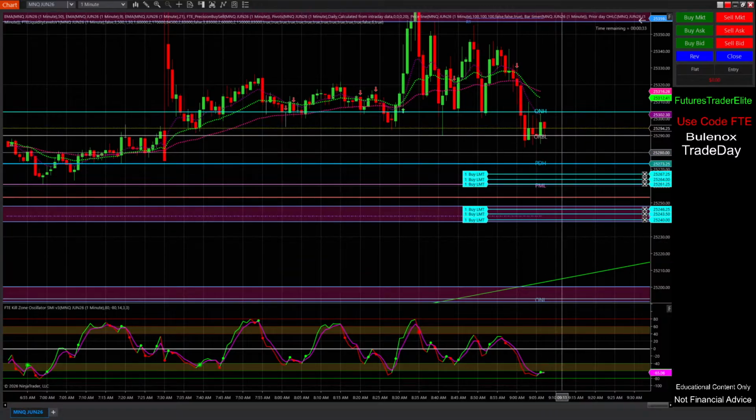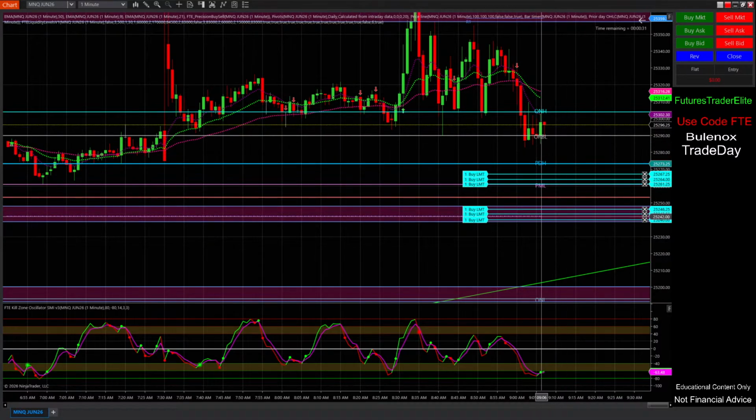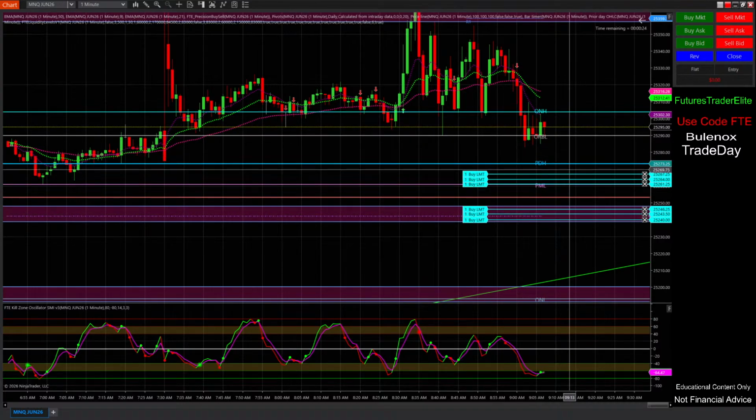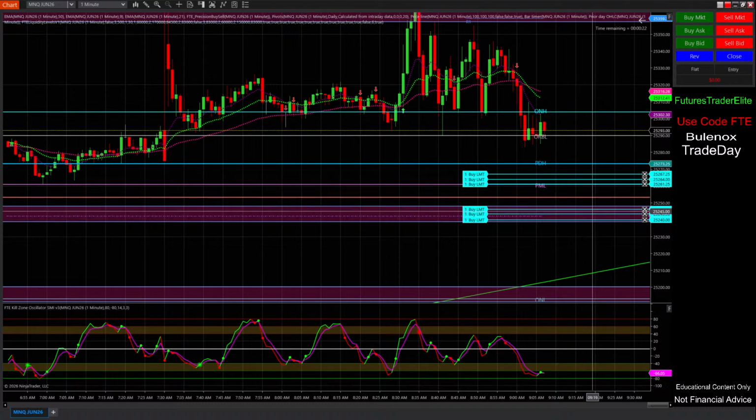But if they did want to keep taking it down, I would think that they would bounce it out of this area. Say they break the bottom of the ORB, feel me, and we get the bounce, maybe to retest the bottom of the ORB if they did want to take another leg down.